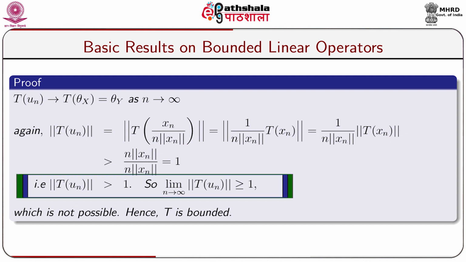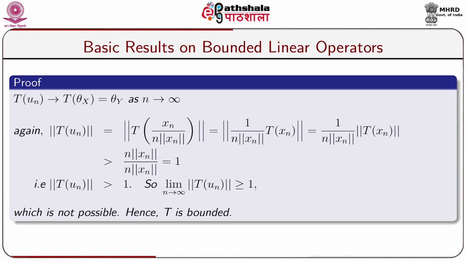That is, norm of Tu_n is greater than 1. So, the limit as n tends to infinity of norm of Tu_n is greater than or equal to 1, which is not possible. Hence T is bounded.